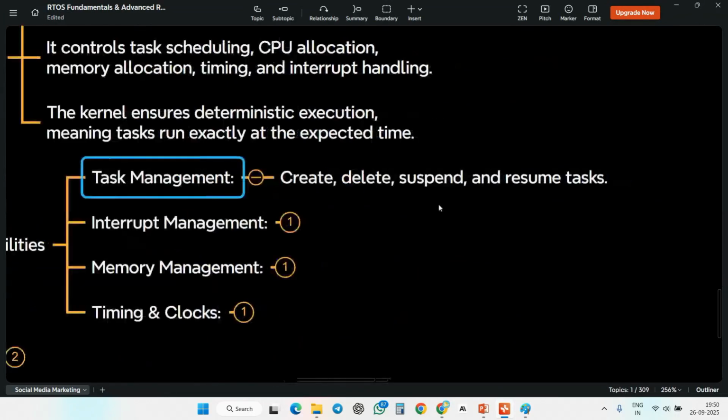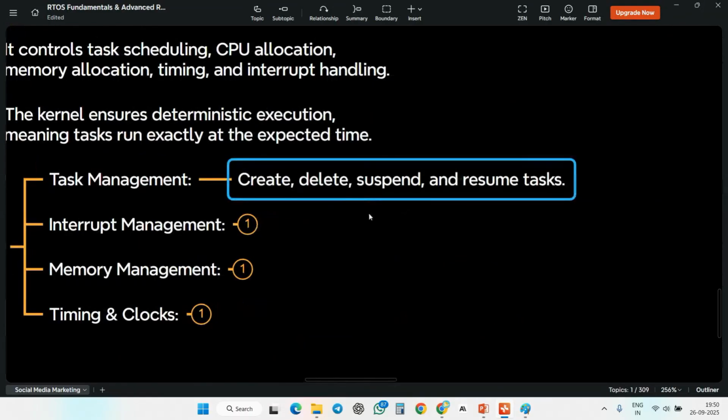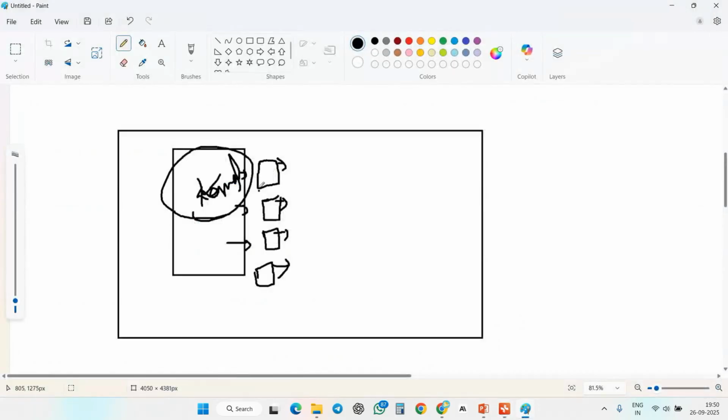Task management: if you want to create one task, delete one task, suspend one task, or resume one task. If you create a task, it gets allocated. If you don't want it, you can delete it.